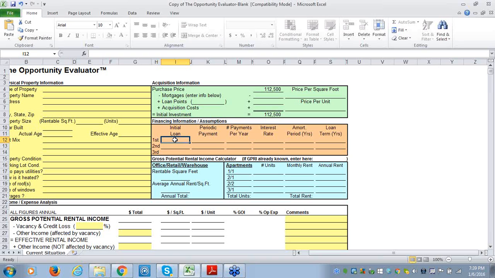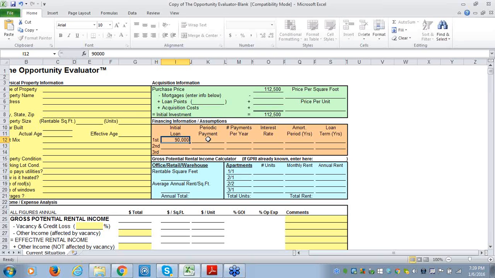That's not what you said. You said probably put 20% down, right? This is for an investor. Yeah, I like to put down 20%. So if you calculate 80% of 112,500, you should get an initial loan of somewhere around 90,000, I think. Let's just make it 90,000.